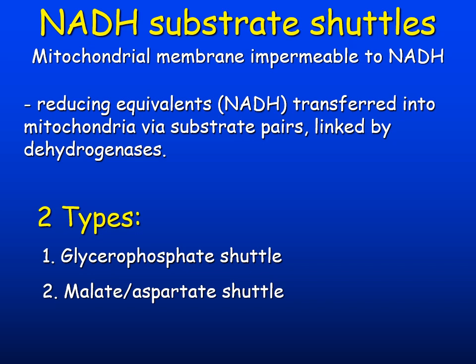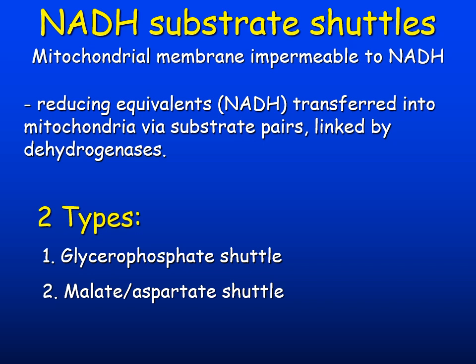But in the context of this story, the key substrate that isn't permeable across the mitochondrial membrane is NADH. And so, of course, that's a problem for the glycolytically produced NADH. We can't link it to mitochondrial oxidative phosphorylation unless we can get it into the mitochondrion somehow.